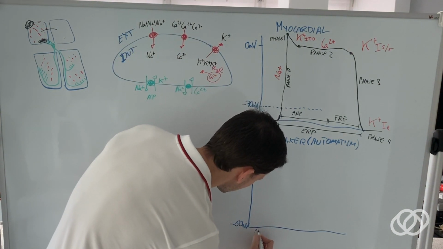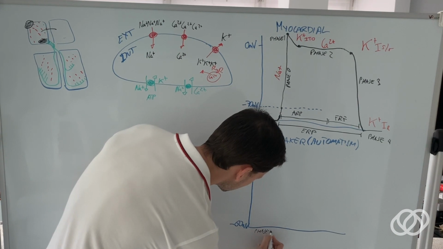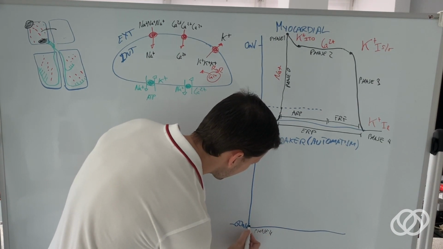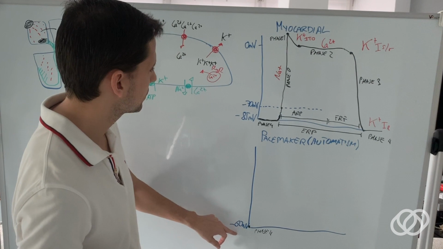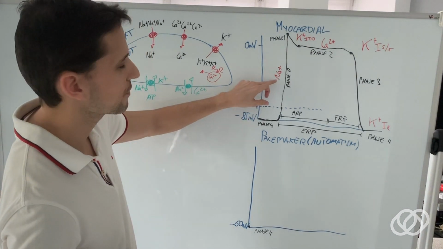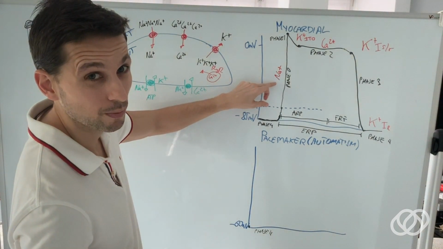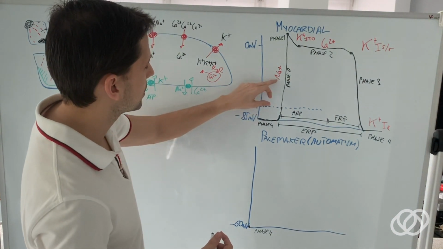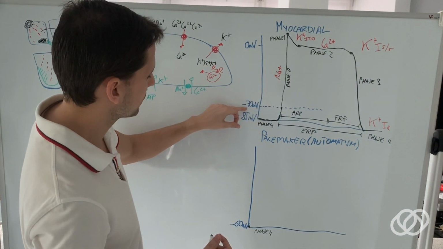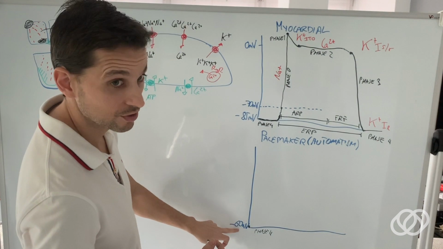In the phase 4, because we are already here at minus 60, we are not going to have the fast sodium channels open, because they are already closed. They open at minus 70 and we are already at minus 60.